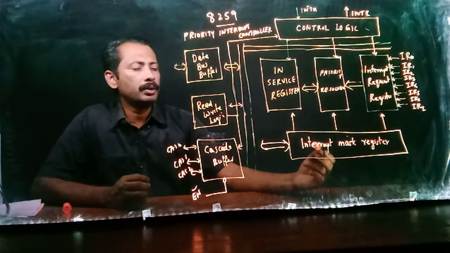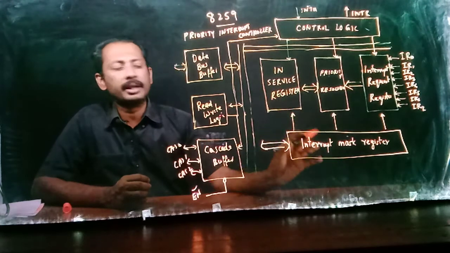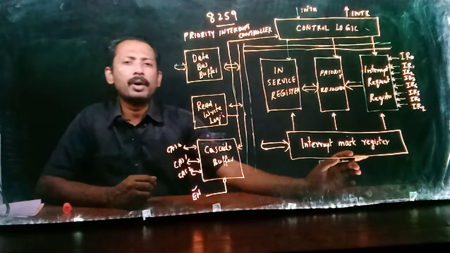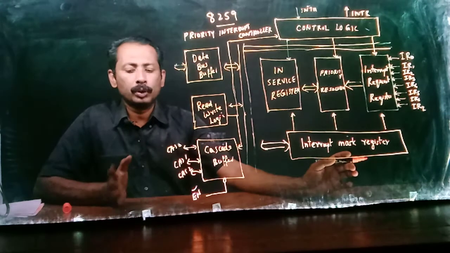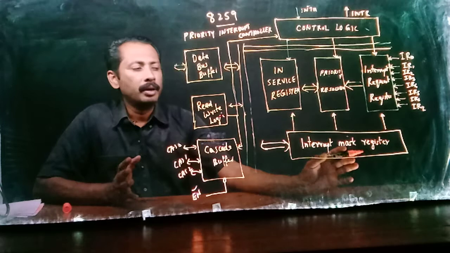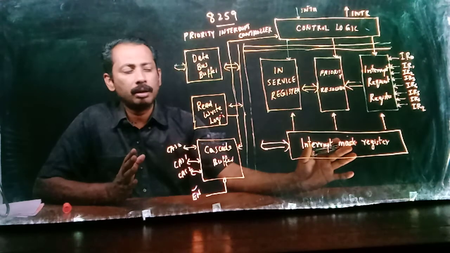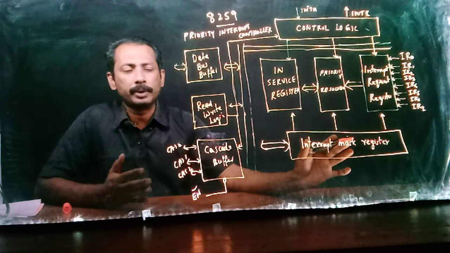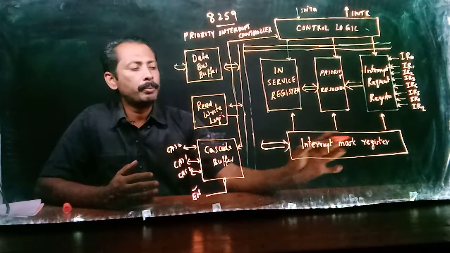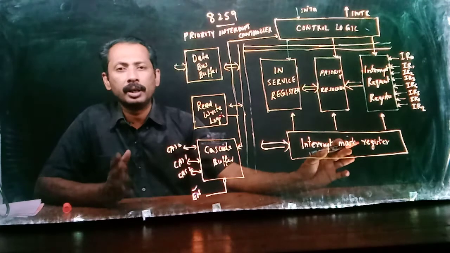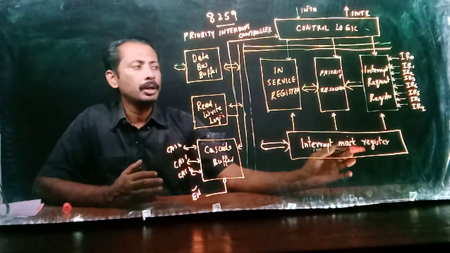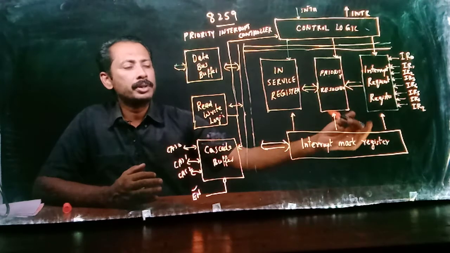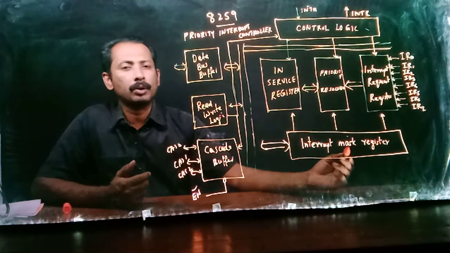The specialty of this 8259 is that we can mask the unwanted interrupts for some time. Using the control word, we can mask the interrupts which are not needed for some time. So the interrupt mask register contains the details of the interrupts which are masked.